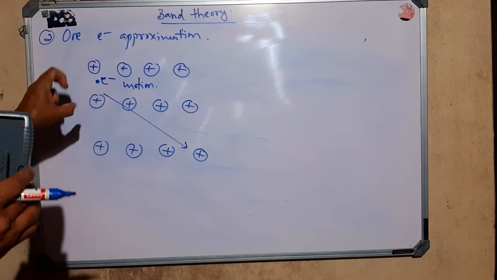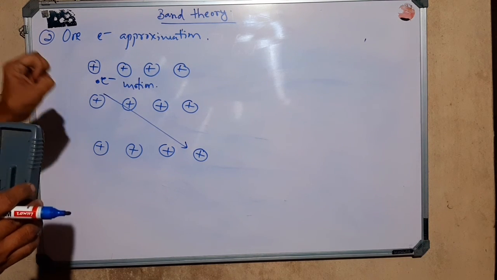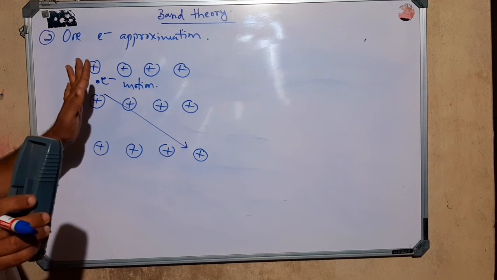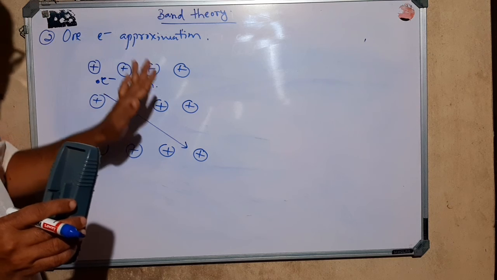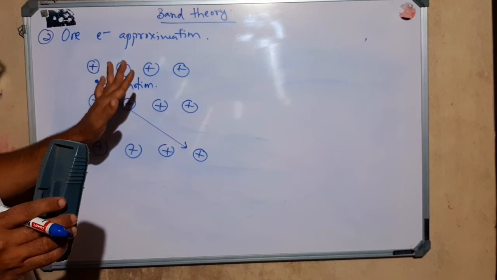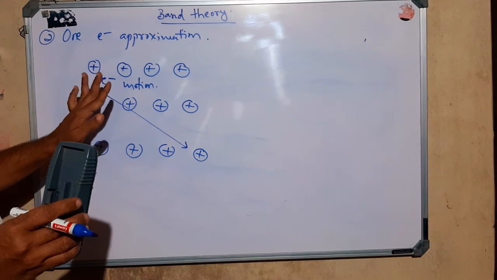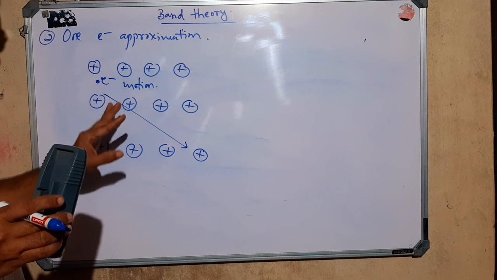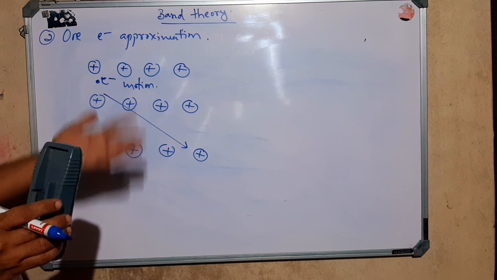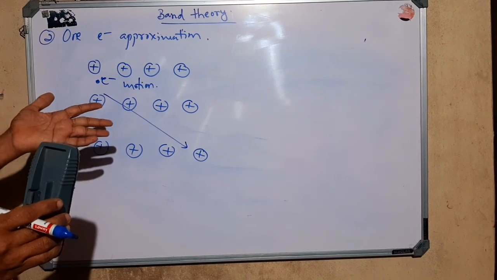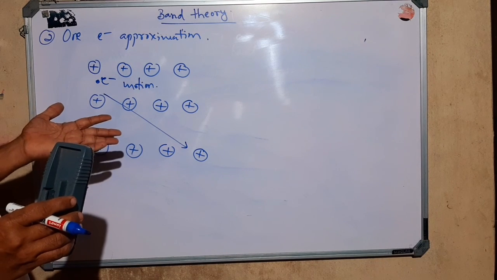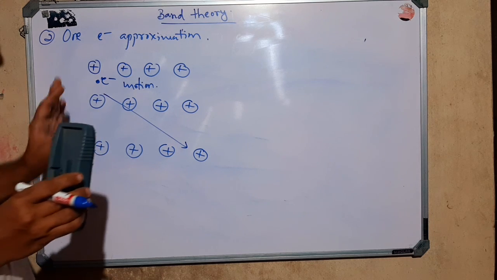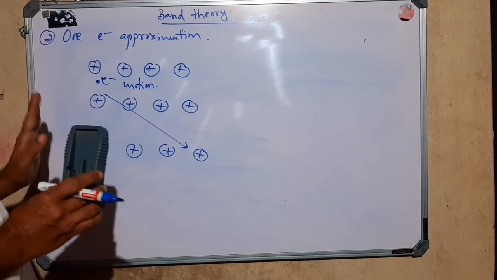Therefore, in one electron approximation, we consider one electron, and its energy variation or perturbation is observed due to the potential of the positive ions and the perturbation due to the cloud of free electrons. This is what we are going to discuss.